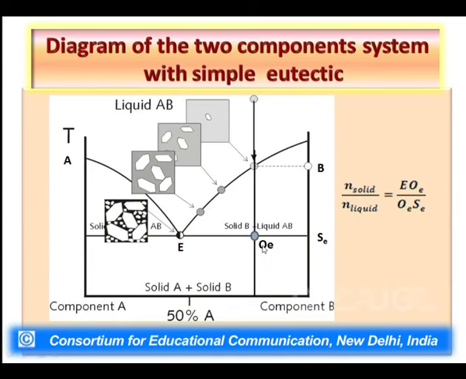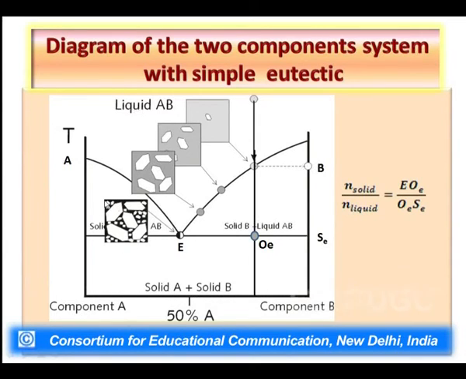So whatever liquid phase now remains will continue to crystallize at constant temperature, and when the last trace of liquid also gets crystallized, this square box represents the pictorial representation of the state of the system.